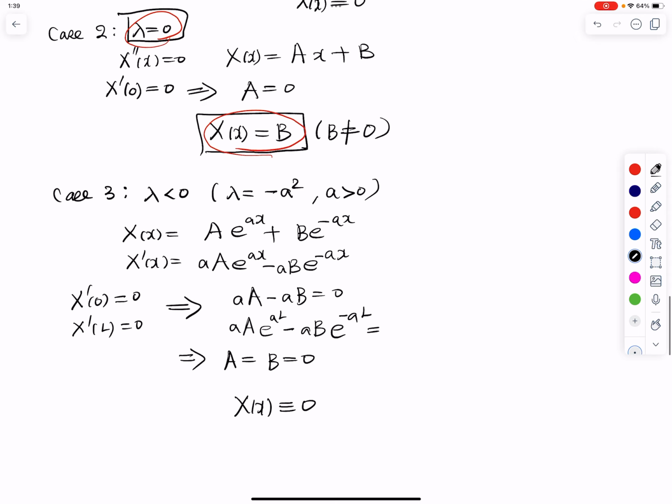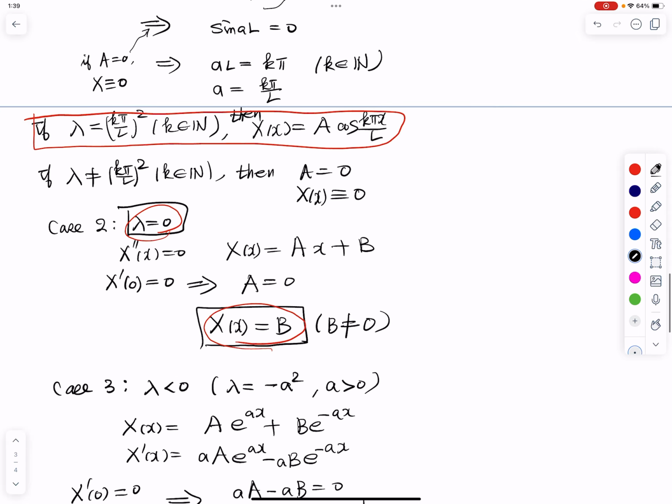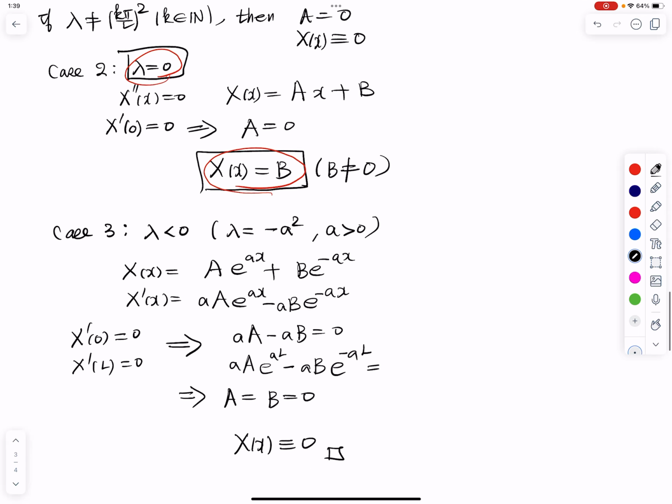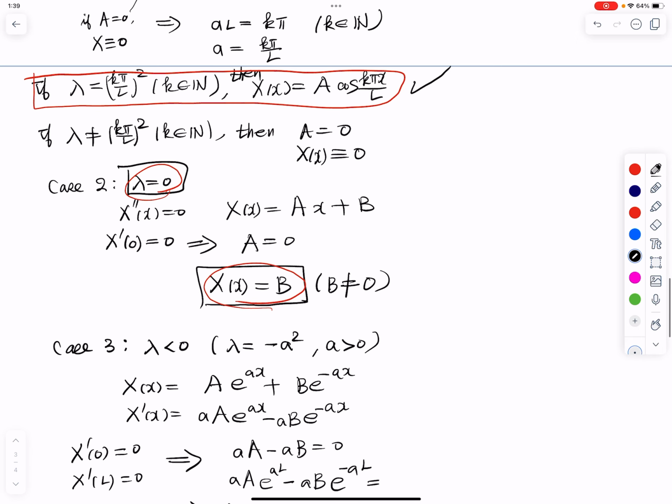So we have three cases, and only one case remains, this case and that case.